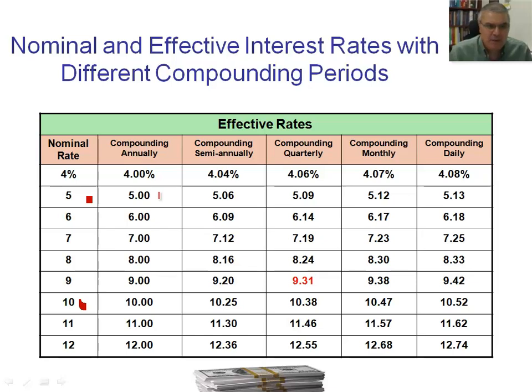If it's compounded semi-annually, it's going to be 5.06%. If it's compounded quarterly, 5.09%. If it's compounded monthly, it's 5.12%. If it's compounded daily, it's going to be 5.13%.